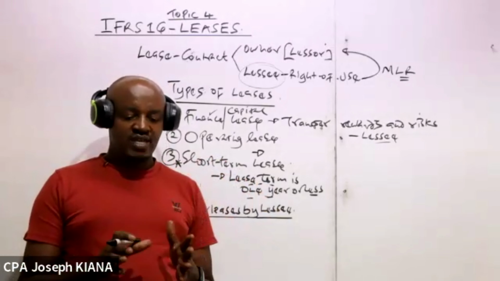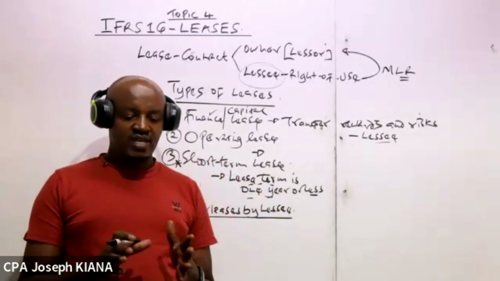But before we look at how to determine these two items, there are two exemptions. There are a number of circumstances whereby he is permitted by IFRS 16 not to recognize the lease liability and the right of use asset in his books of account.